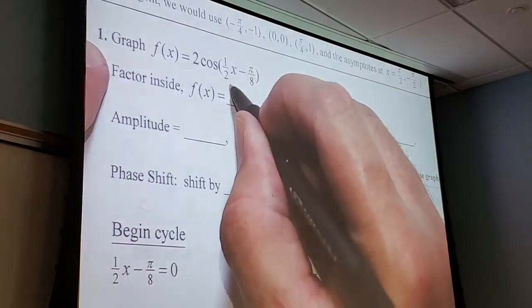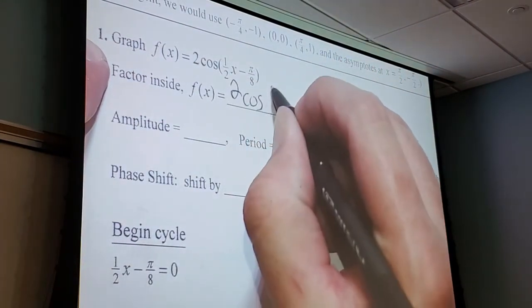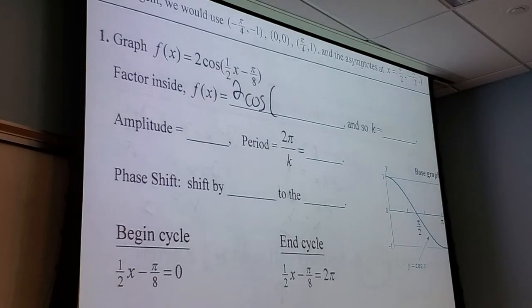So the very first thing I ask you to do is factor the inside. What can you take out on the inside? This would be a little bit weird maybe, but what can you factor out? A 1/2, right? That would leave you with x, which is what you want.